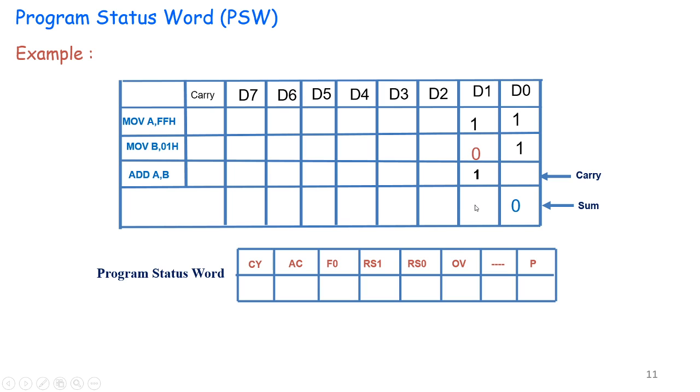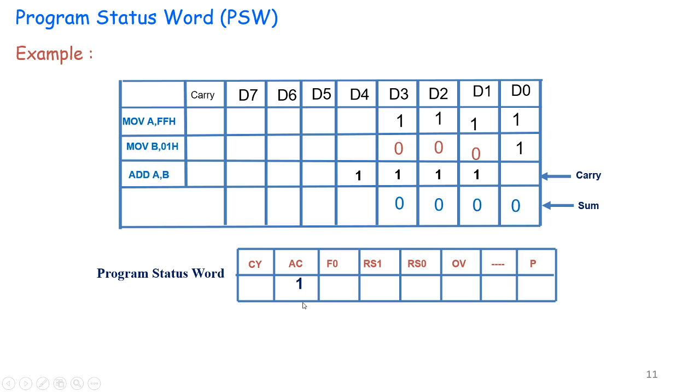So 0 plus 1, 0 plus 1, that gives us sum 0, carry 1. Again these 2 bits get added, sum 0, carry will be 1. Again this bit gets added, then sum will be 0, carry generated. So when the carry is generated from D3 to D4, then this auxiliary carry flag will be set.